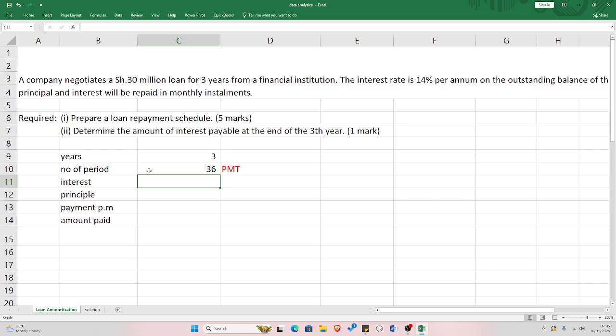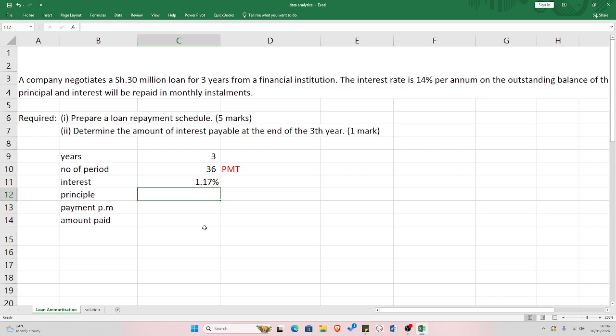The interest will be 0.14, because 14% is 0.14, divided by 12, because 12 is the number of times that he's paying per year. If he was paying semi-annually, it would be 14% divided by 2, because that interest will occur after every 6 months.